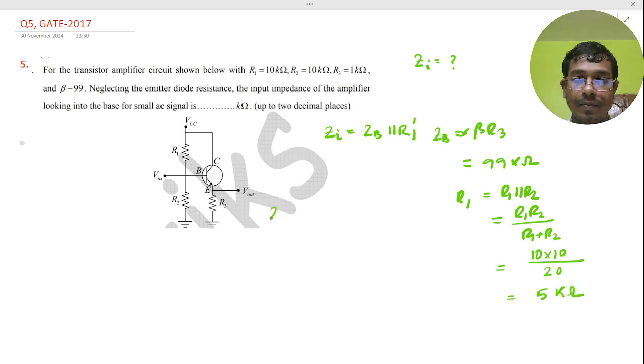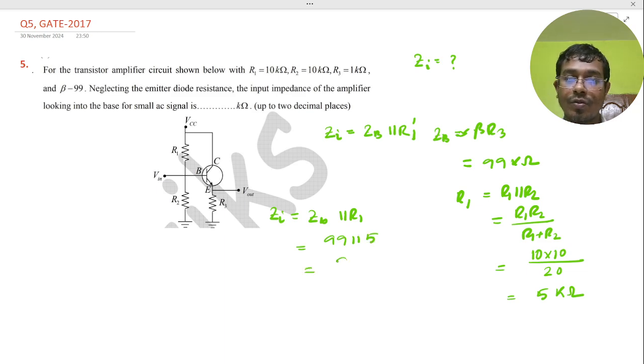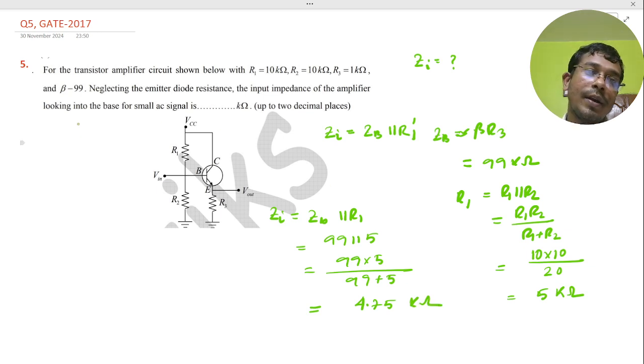And the final outcome is that the input impedance is ZB parallel R dash. So ZB 99 parallel 5, so 99 into 5 by 99 plus 5, we just get the value 4.75 kilo ohm. This is a GATE NAT type question, 2 marks. Our numerical answer would be 4.75.